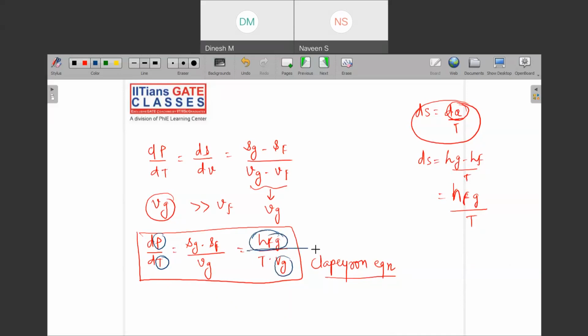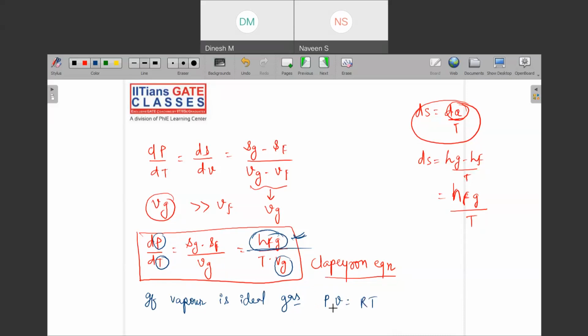This is what the Clapeyron equation is helping you with. Now if you consider the vapor as an ideal gas, then this equation will be simplified. We know that PV is equal to RT.